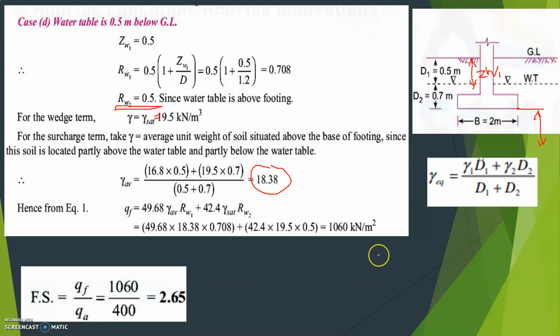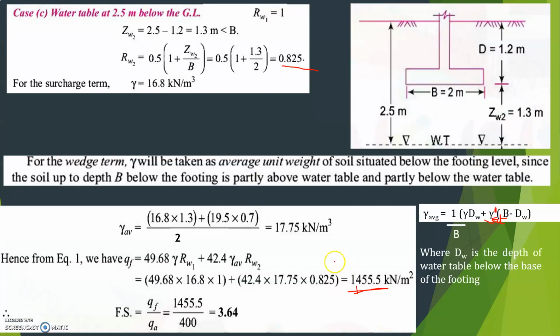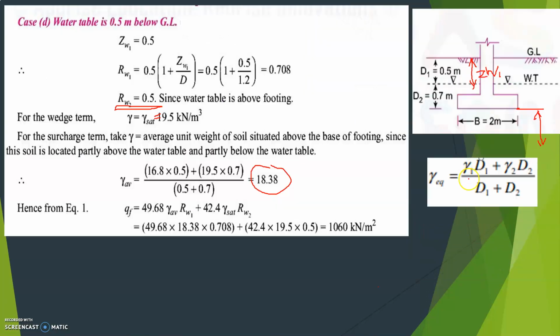You will get 2.65. Okay, I hope all of you understood. Just to see the difference between this condition C and D. In condition C, the water table is here, so you calculated gamma average using this formula. But in this case, gamma average can be calculated using this formula because the water table is located at this point.